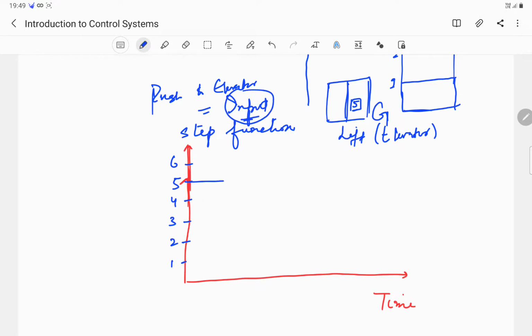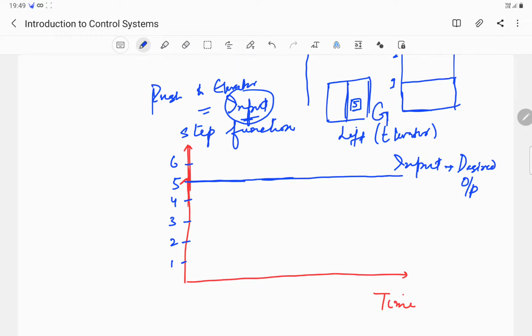So this is what happens. This is the input, which is a constant value 5. As I said, the input is also the desired. This is also the desired output, as we want to reach the fifth floor.